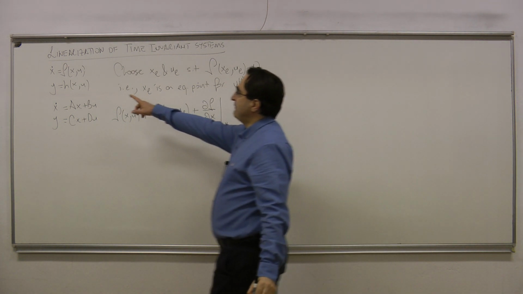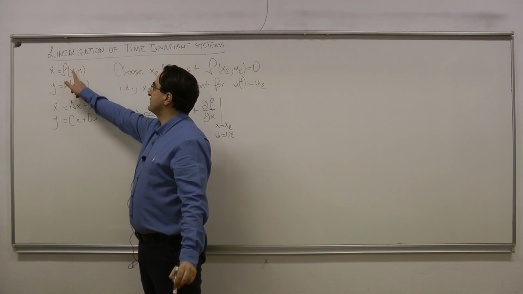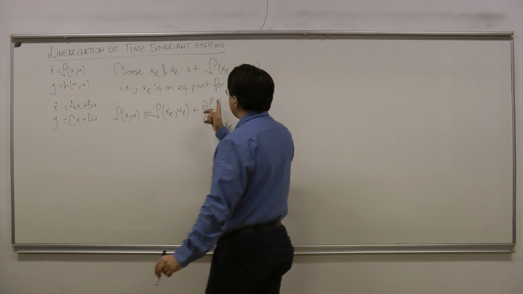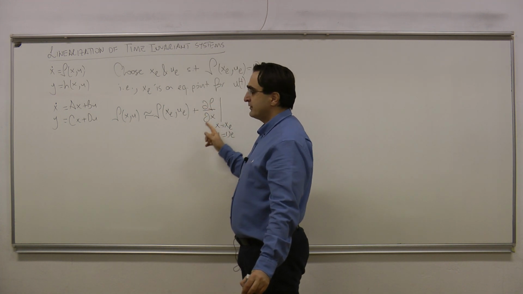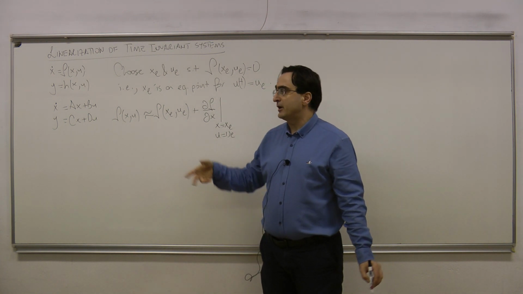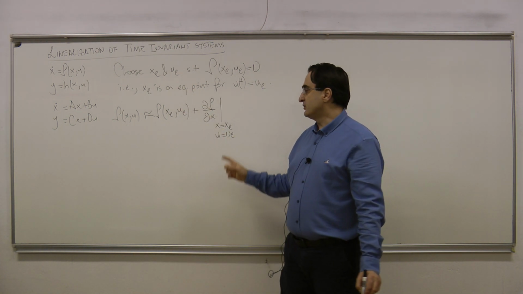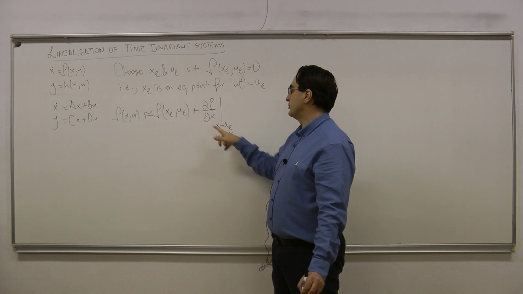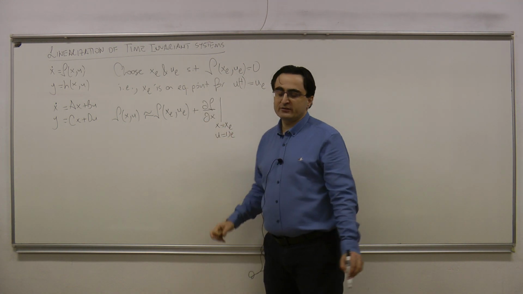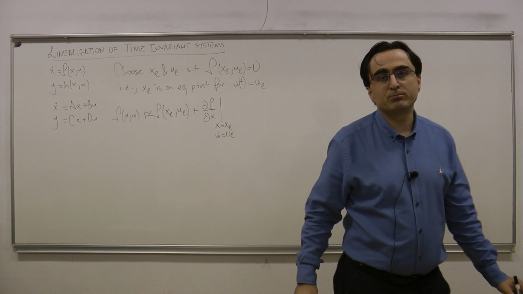The function f is both dependent on x and u. As a result, when I calculate its Jacobian with respect to x, the result might still depend on both x and u. As a result, in order to fix those x and u values, I evaluate the Jacobian at the equilibrium state and equilibrium input.